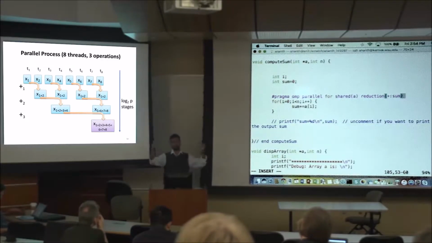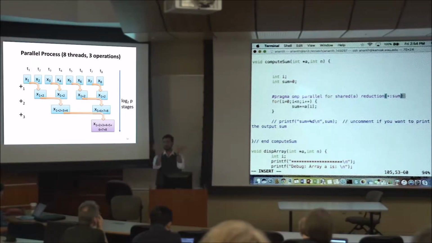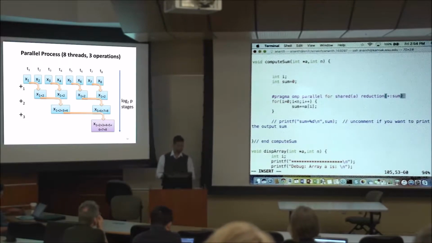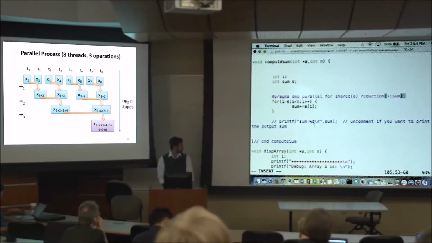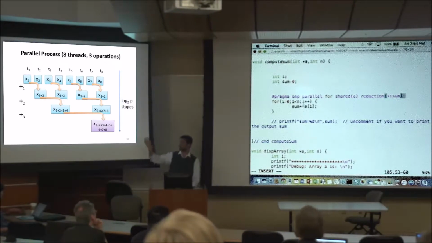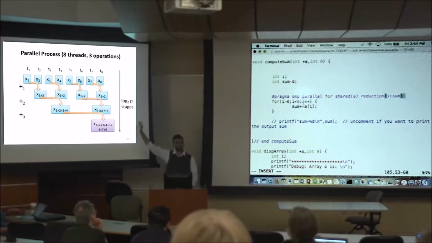You can multiply matrices in different orders as long as you keep the relative ordering, you basically multiply different parts of your products, you will still get the same answer, okay, things like that. So you are specifying the operator here that you're using, and then you're specifying sum, and internally the OpenMP environment is taking care of all this log P business. We don't have to worry about it, okay.